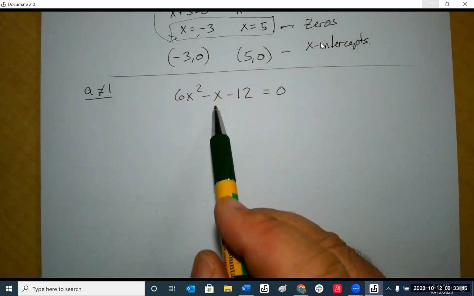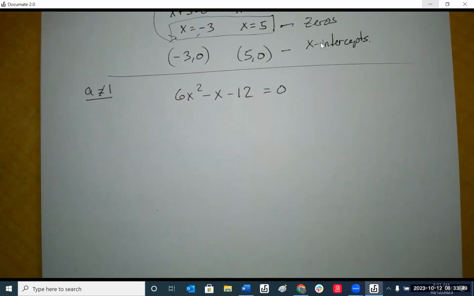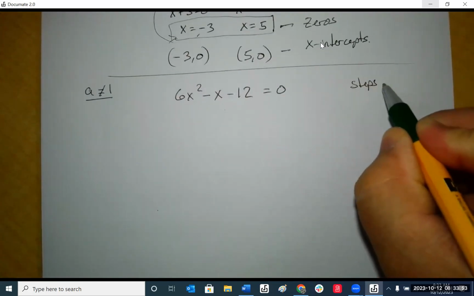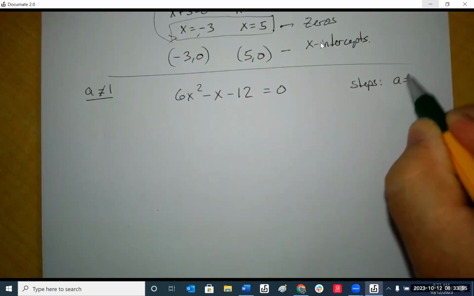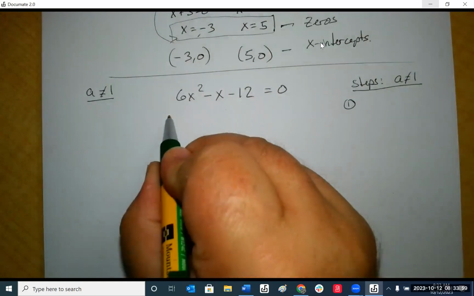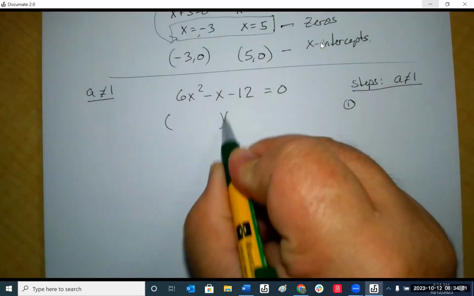But if we do that, then we'll have a fraction here. Let's not do that. Here are the steps when a does not equal 1. Remember, we were trying to factor this.